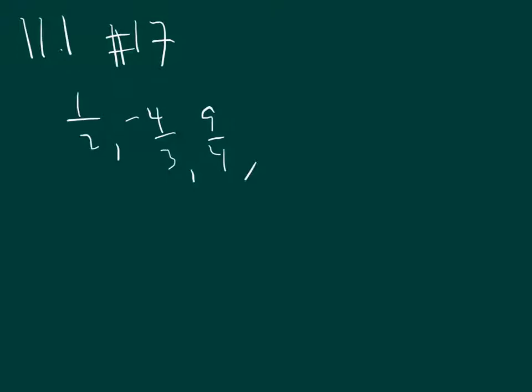Okay, the next problem is number 17. So 11.1, number 17. So on this one, let's see. Well, it starts out with 1/2, and then you have negative 4/3, and then 9/4, and negative 16/5, and then 25/6, and so on.